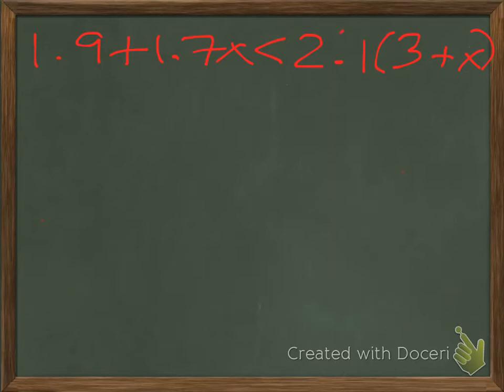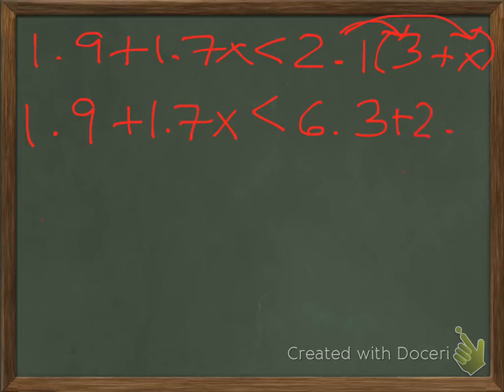So we're going to first distribute. We bring down what we have on the left side because we haven't done anything yet to there, and the symbol. We're going to multiply 2.1 times 3, that's 6.3, and 2.1 times x, so 2.1x.